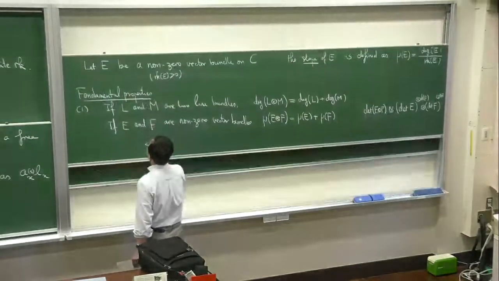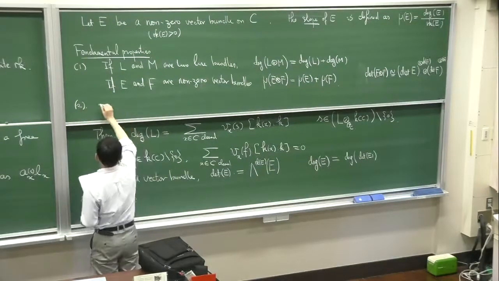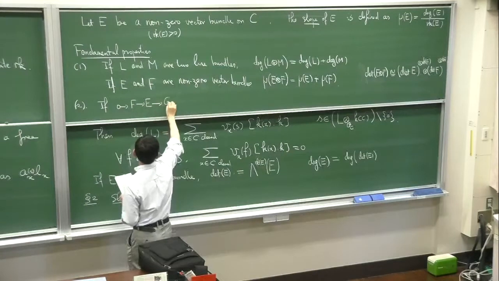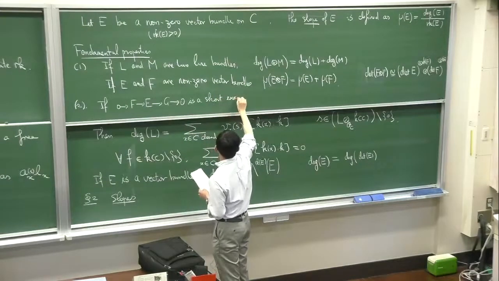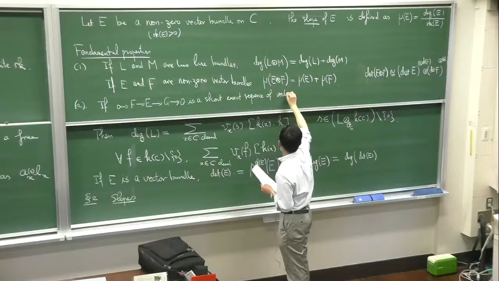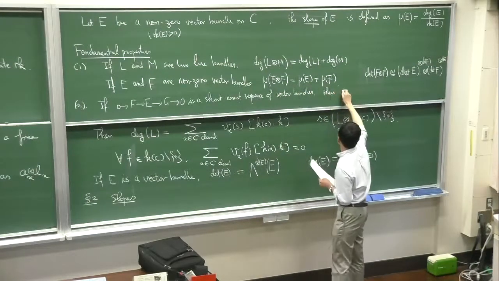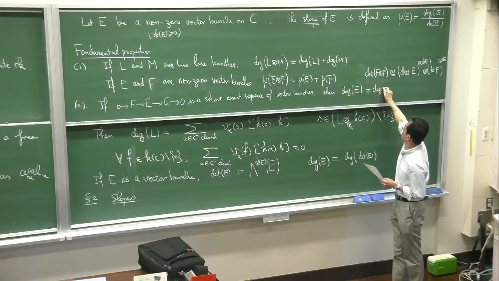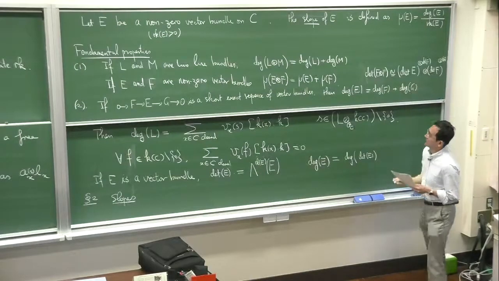The second property is that if you have a short exact sequence of vector bundles, then the degree of the middle vector bundle is the sum of the degree of the first and the third vector bundles.